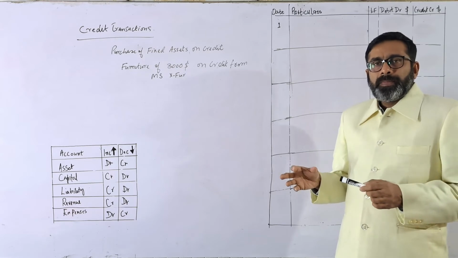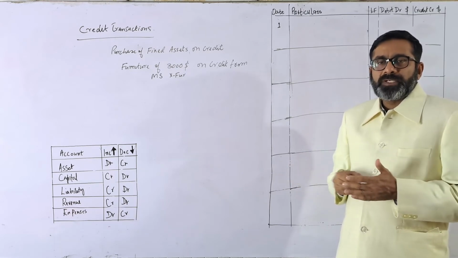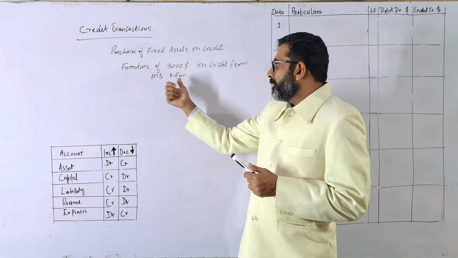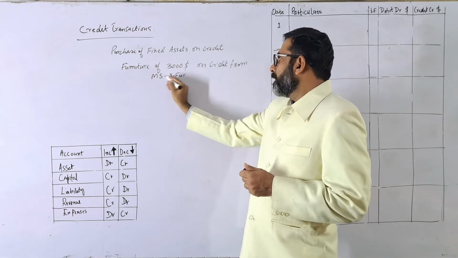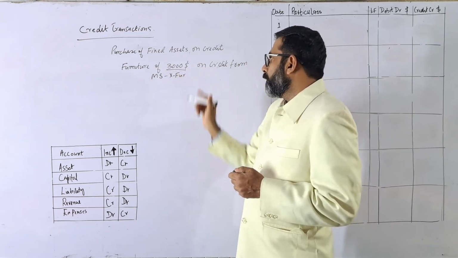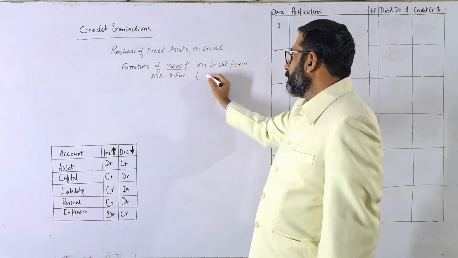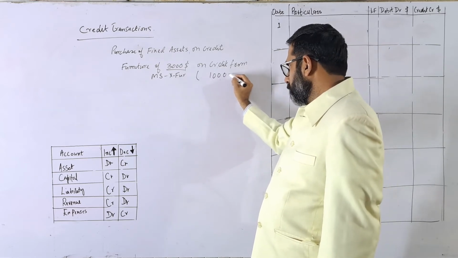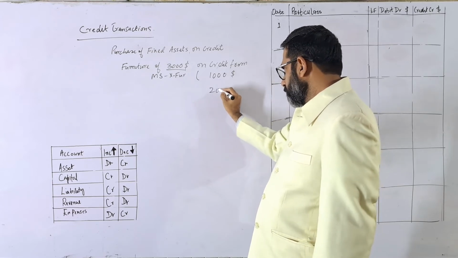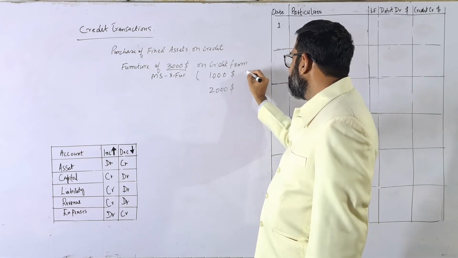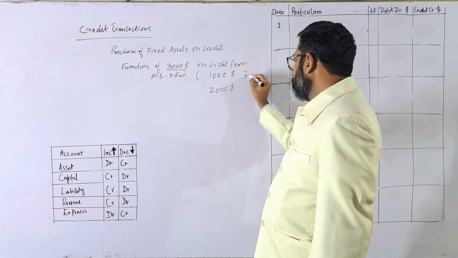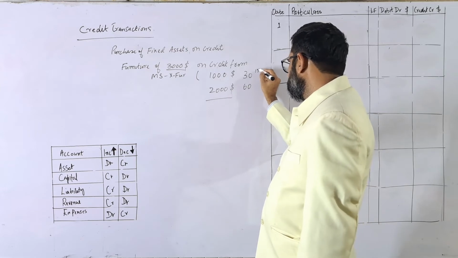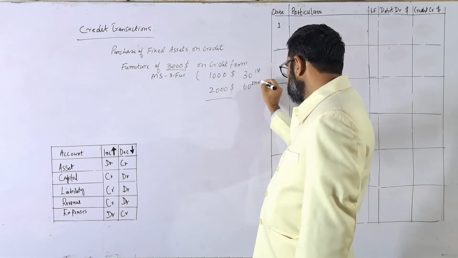You have an agreement with the supplier that you will pay after some time. So you are purchasing that furniture of $3,000 from Messrs. X Furniture, and you will pay in 2 installments, like a first installment of $1,000 and then a second installment of $2,000. The first will be after 30 days and the second will be after 60 days. That is the first installment and that is the second installment.